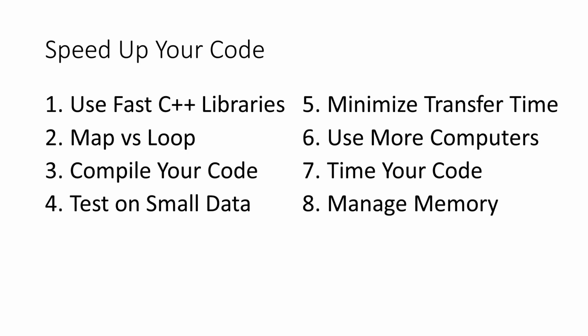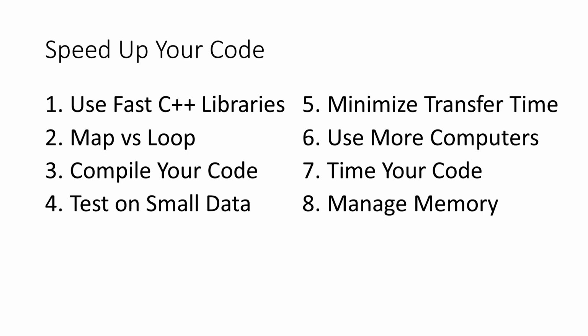5, minimize transfer time. This basically means stop moving your data around too much. If you can, process your data in place and minimize the number of times you load and unload data. 6 is use more computers.